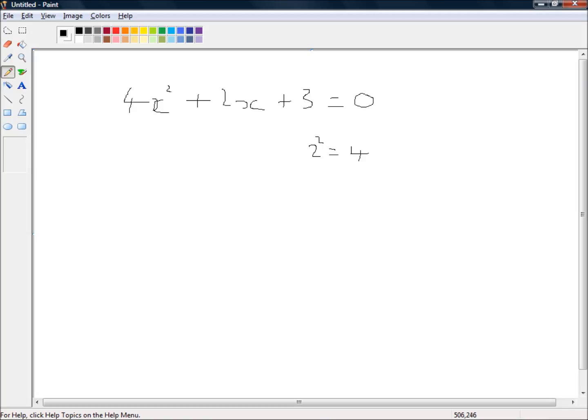And then our 4ac is 4 times 4, which is our a, times 3, which is our c, which is equal to 4 times 12, which is equal to 48. Clearly 48 is much bigger than 4, so b squared minus 4ac is going to be less than 0, so there are no solutions, or if you want to be clever you can say no real solutions.